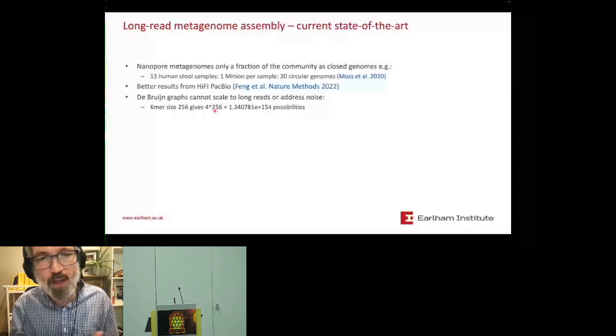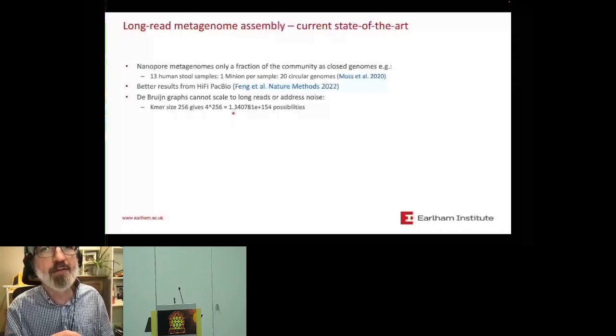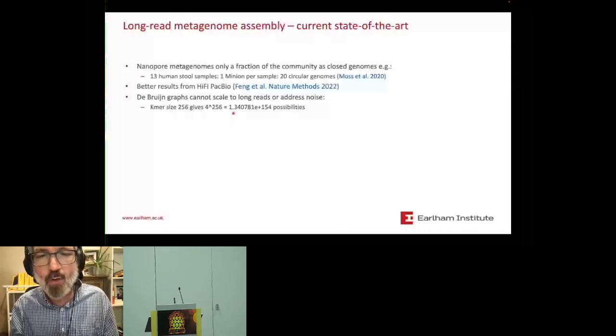So say, if you've got a 10,000 base pair read, you need, say, up to a 5,000 base pair overlap. Even with a k-mer length of 256, we've got 10 to the 154 different possible k-mers. So that k-mer complexity becomes very large, but also it's very bad at addressing noise, because any error on that k-mer will affect your ability to assemble.